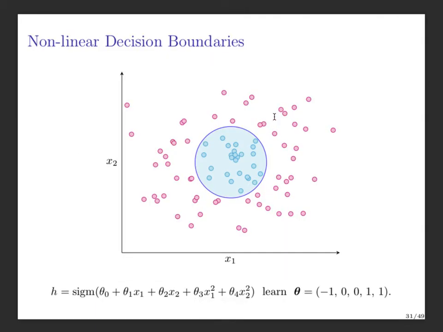Okay, but what happens if we want to divide more sophisticated types of boundaries? Like what happens if all of my blue points are inside the interior of a circle and all of the pink points are on the outside of the circle? One thing I should mention: we already have the power to do this. We've been working with lines, so we have some line that looks like this.